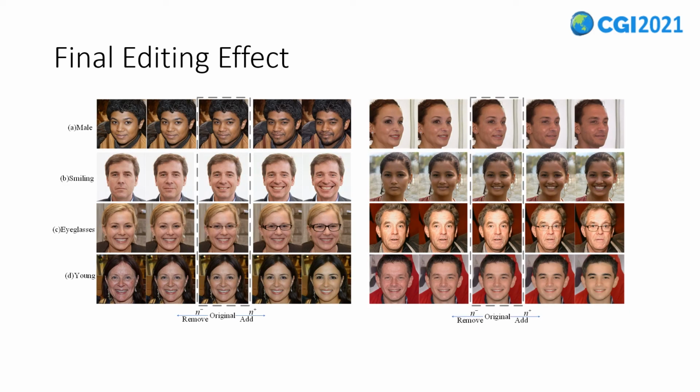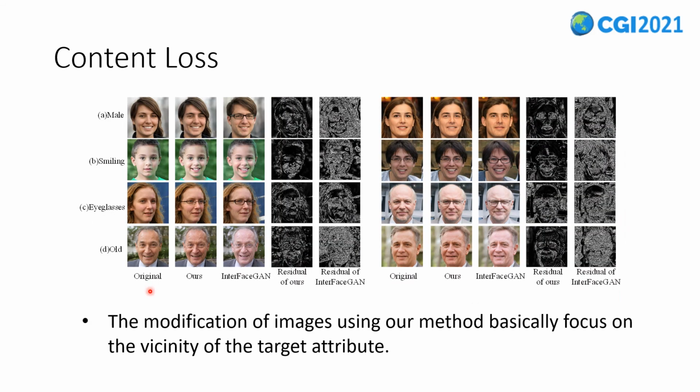Here is our final editing result. As shown in the figure, whether we add the target attribute or remove the target attribute, our method can achieve a good effect. To visualize the revised part, we calculate the ratio of the image before and after the editing.